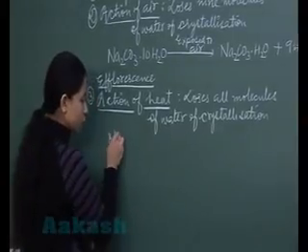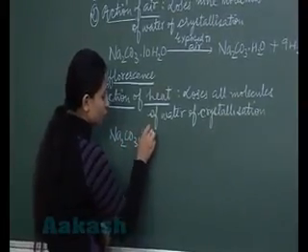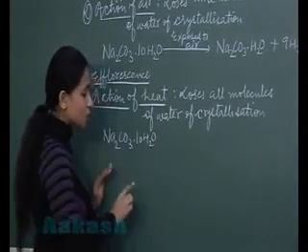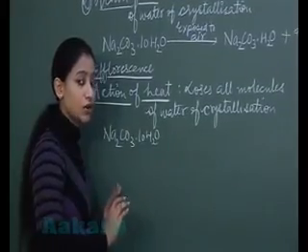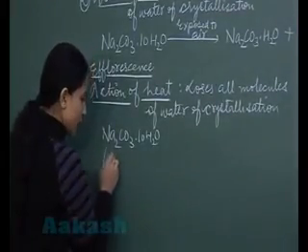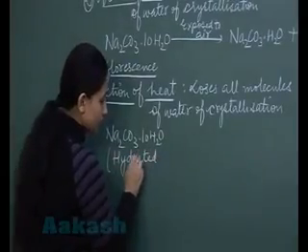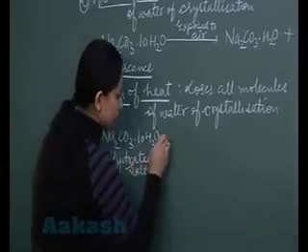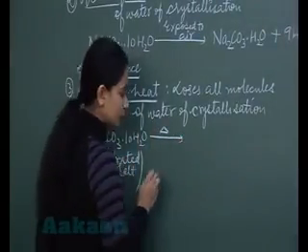So we have washing soda, Na2CO3 dot 10 water molecules, that is sodium carbonate decahydrate. Students, a salt which contains water of crystallization is known as a hydrated salt. So this is a hydrated salt, and on heating it loses all its water of crystallization.